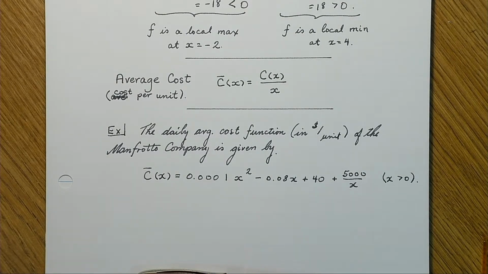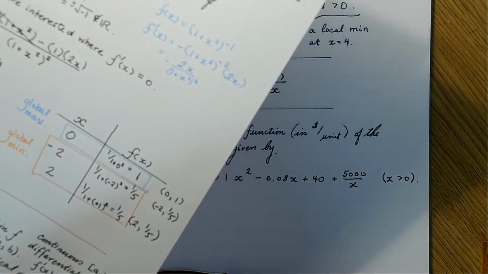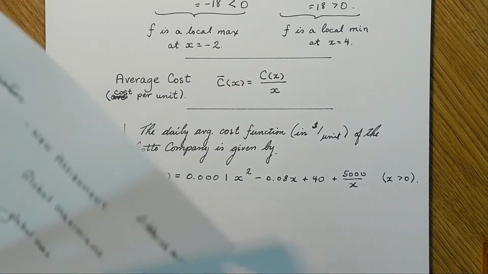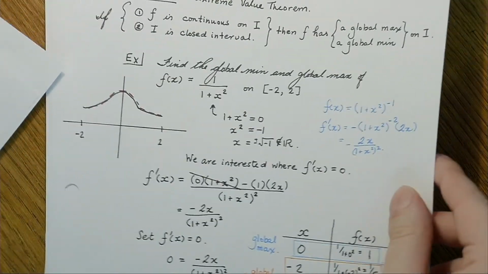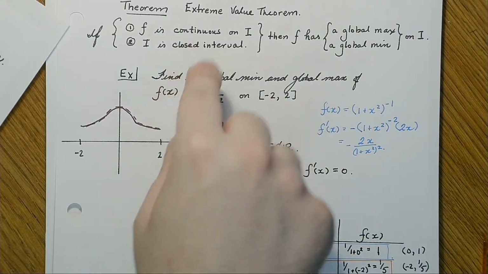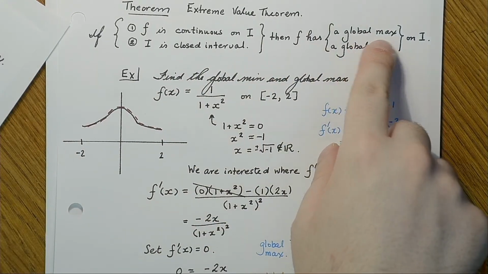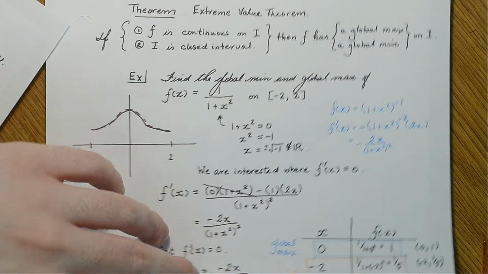Oh, it's the extreme value theorem. So again, when you're on a closed interval, then you're guaranteed a global maximum and a global minimum. You're guaranteed it because you are now within a closed interval.